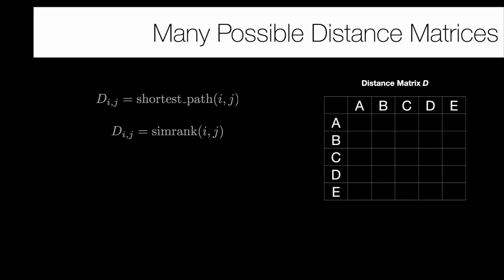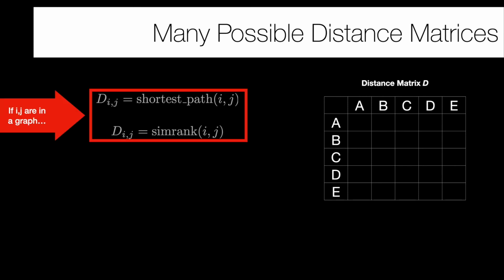So there are many different ways that you can operationalize or construct a distance matrix. These two methods work nicely for graph constructs, where you can easily calculate path lengths, or evaluate eigenvalues on an adjacency matrix and so on. But you can definitely do other things as well.